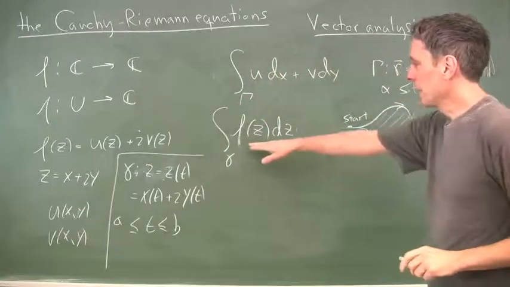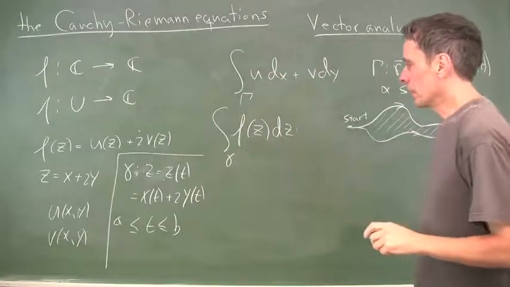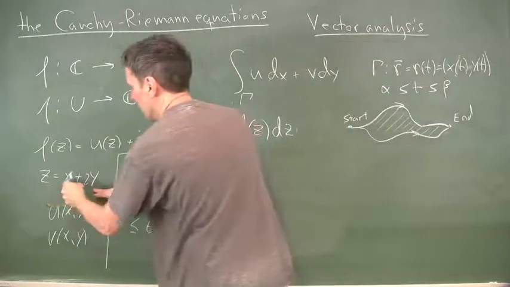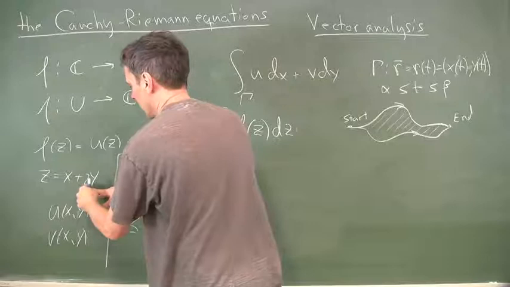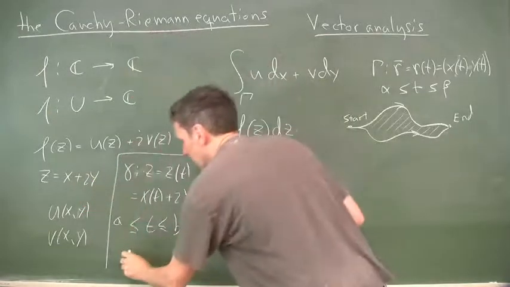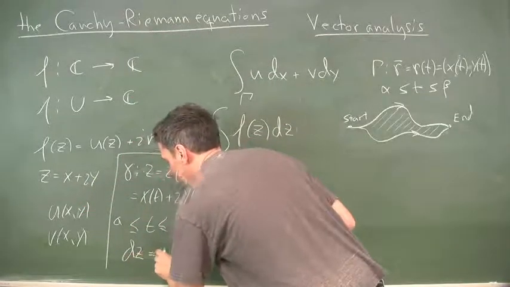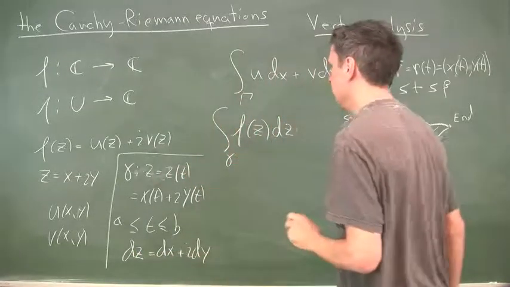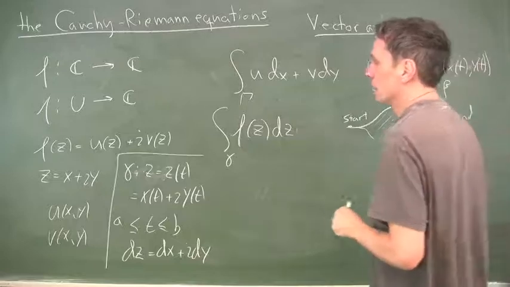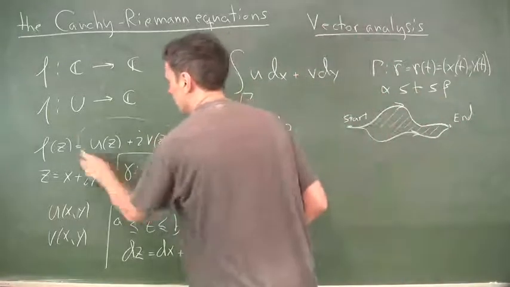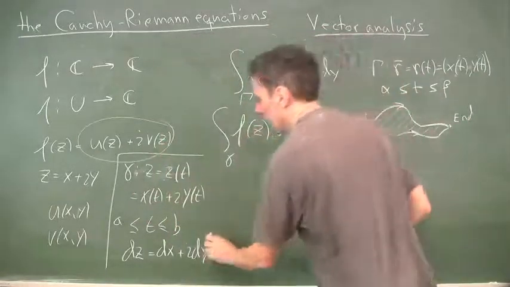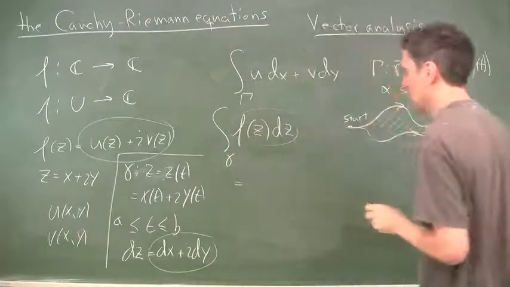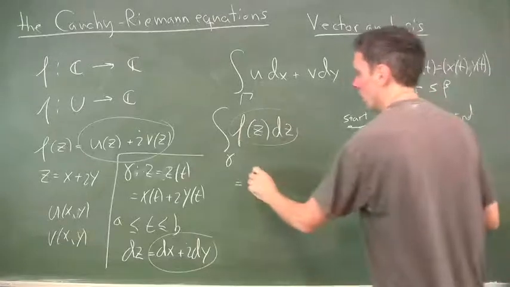So what should we mean by a complex integral like this? Well, of course, since we know that z is equal to x plus iy, then of course it's very natural to put dz equal to dx plus i dy. And if we now just insert this expression for f and this expression for dz into here, we'll see exactly what we should mean by a complex curve integral.